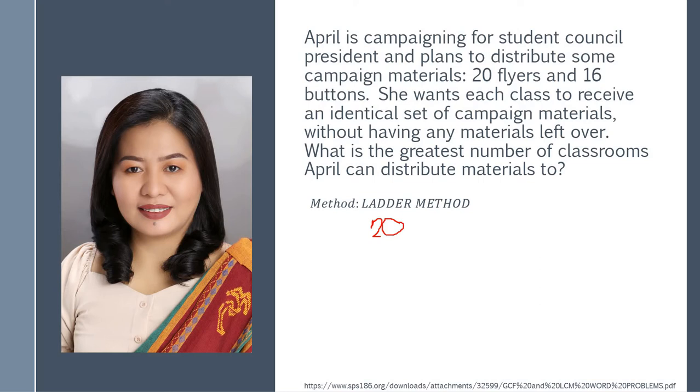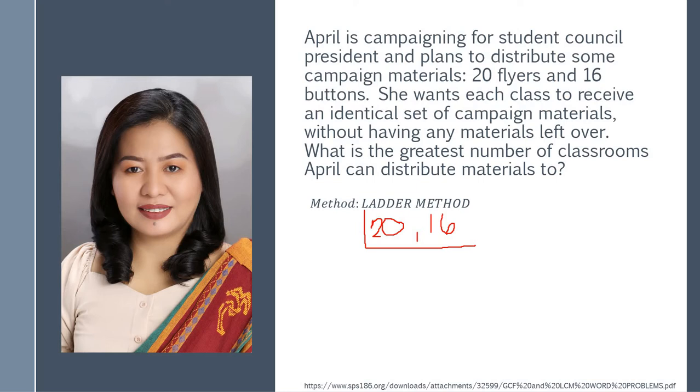What we do is we write 20 and 16. This time they are side by side, separated by a comma. We always start by asking if the pair of numbers are divisible by 2.